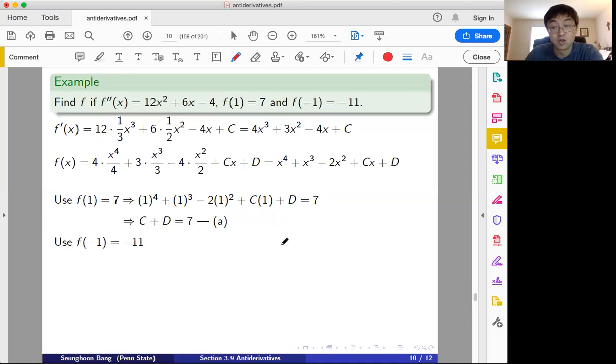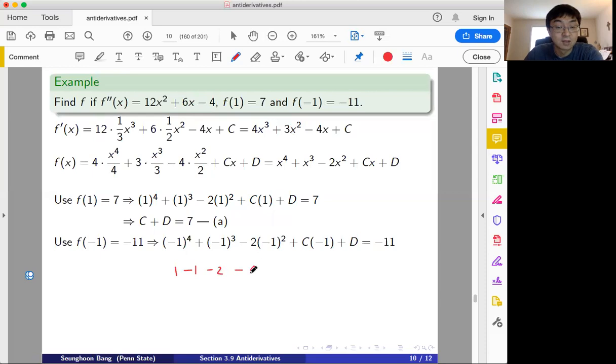Second one, you can use f of minus 1 equals minus 11. You plug the minus 1 into x here and calculate. Minus 1 to the 4 is 1. Minus 1 cubed is negative 1. Minus 1 squared equals 1. 1 times negative 2 is negative 2.